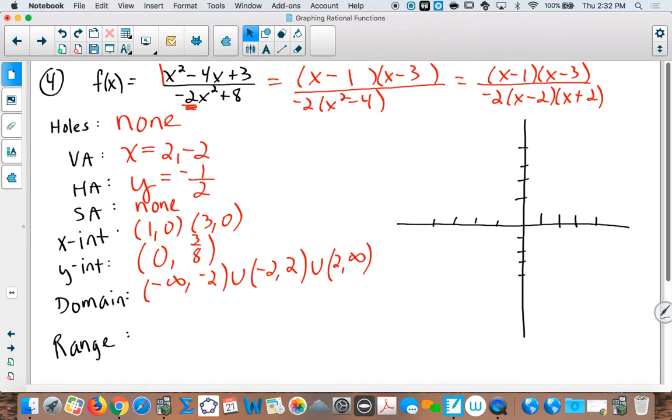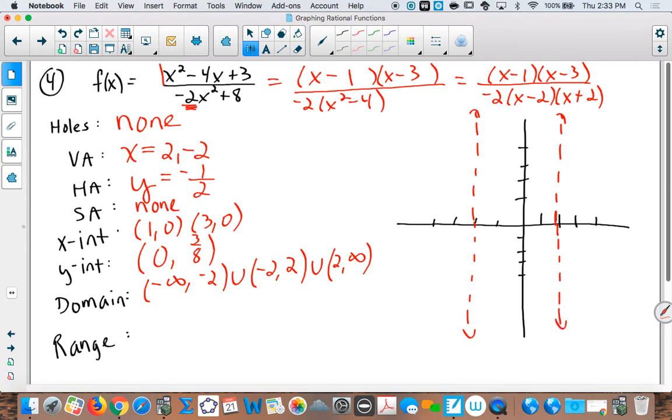All right, asymptotes. x = 2 and x = -2, and y = -1/2. Okay, so as best you can, sketch that out.